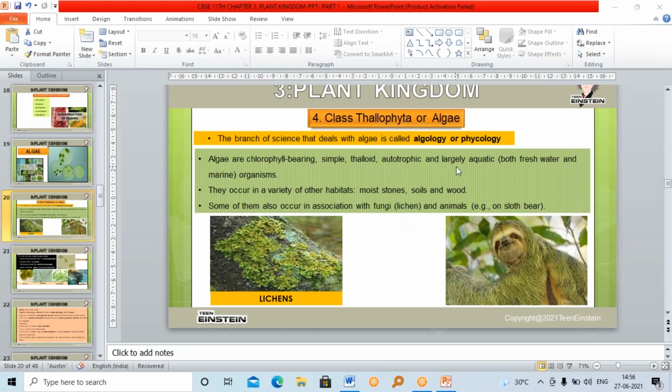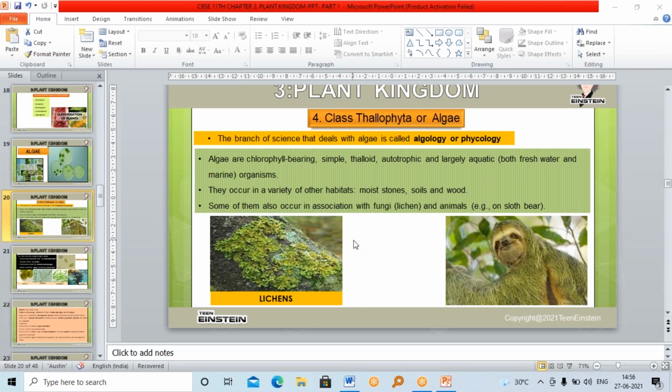So the general features. The branch of science is called algology or phycology. Algae have chlorophyll and they are simple. They have thalloid structures, meaning the plant body we can't differentiate, and they are autotrophic and largely aquatic.